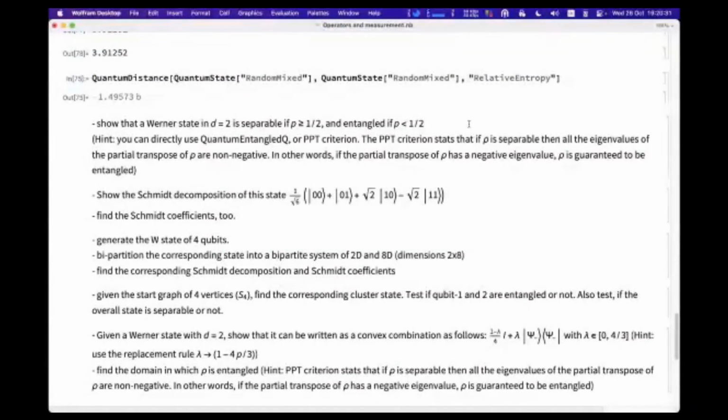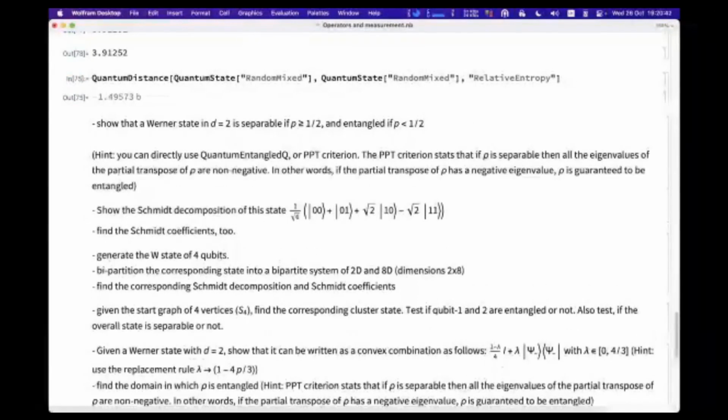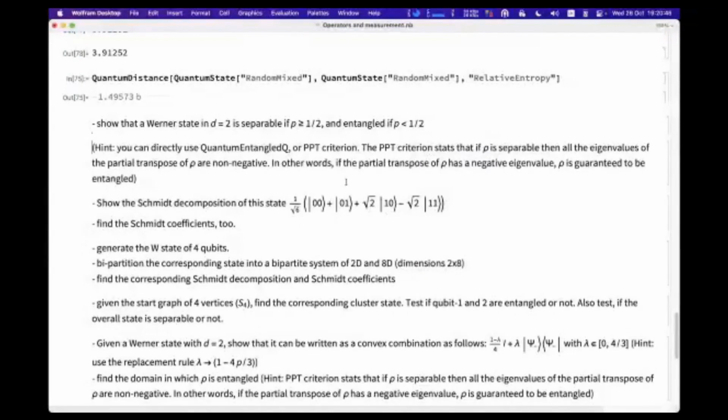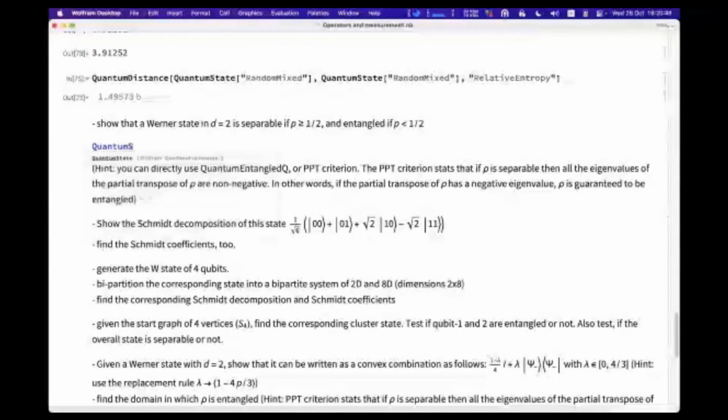So let's see. What is a Werner state? What we usually call a Werner state is a very particular quantum state. It can be written as a convex combination of one of the Bell states and a maximally mixed state. It is usually defined in a given dimension for a given probability.